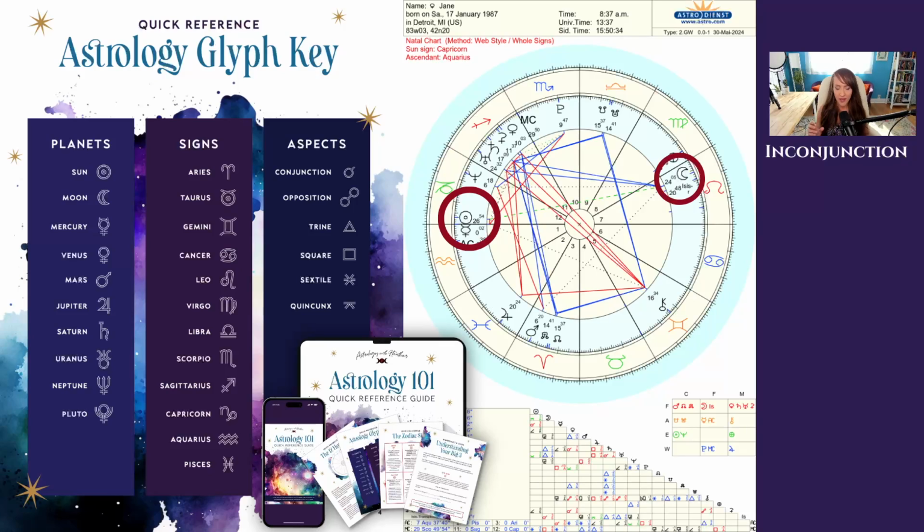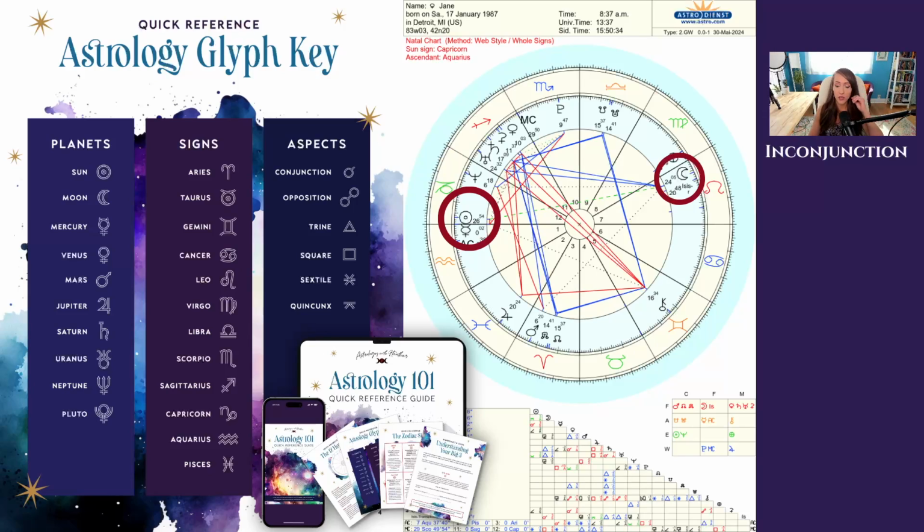And when they are in this aversion by degree, when they are super, super close, within 2 or 3 degrees of being in this alignment, this is considered to be an inconjunction or a quincunx, which is an irritating energy where 2 planets just can't quite seem to sync up, and it causes a lot of psychological friction that reverberates into the physical manifestation.